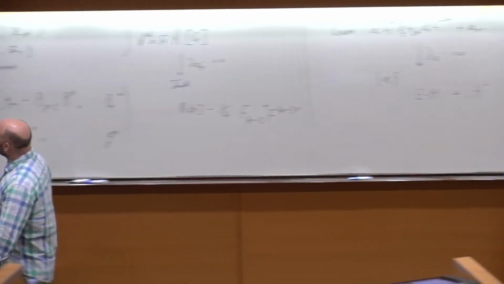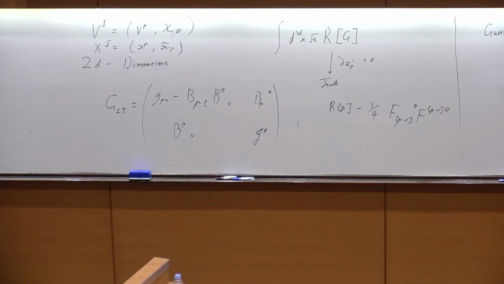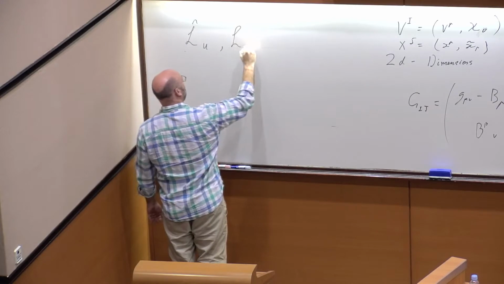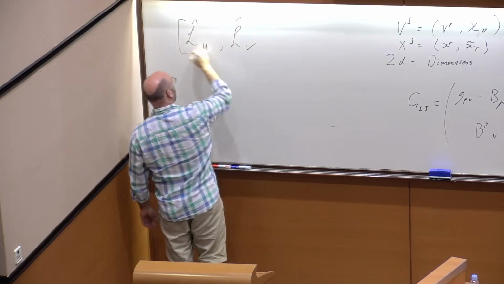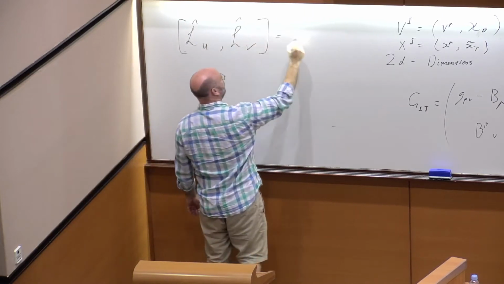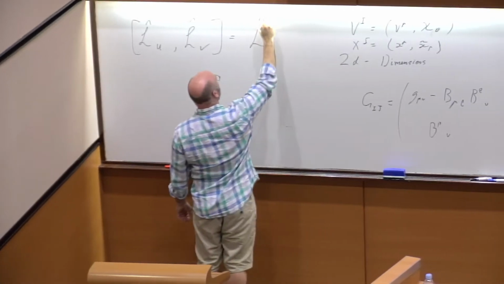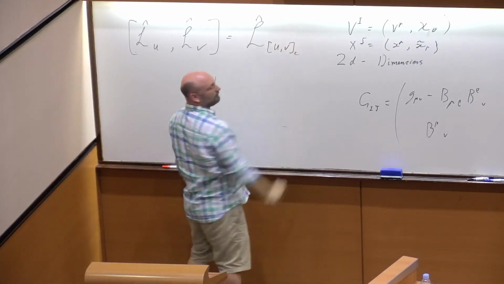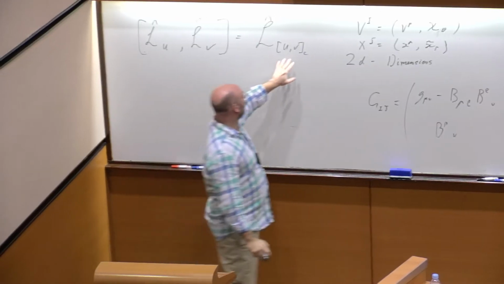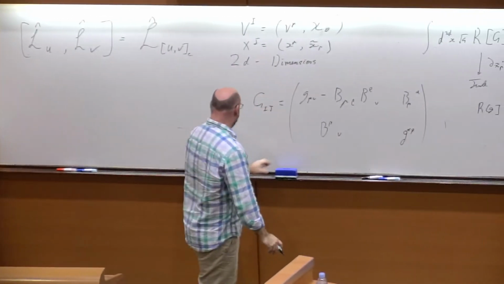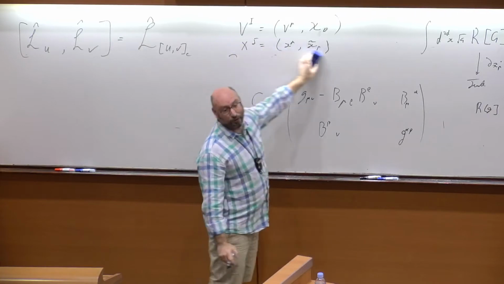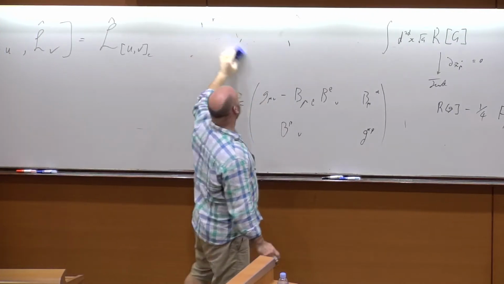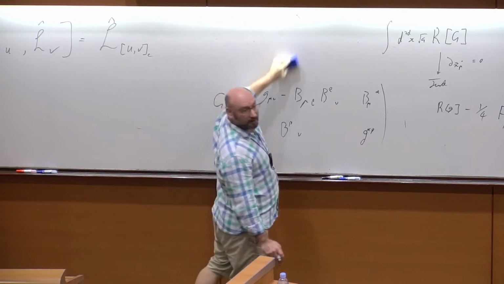And now I ask myself, is this true? Where now I need, and this would now be what's called the C bracket. And what I find is it's not true. So it's not closing. And so I would start to worry.